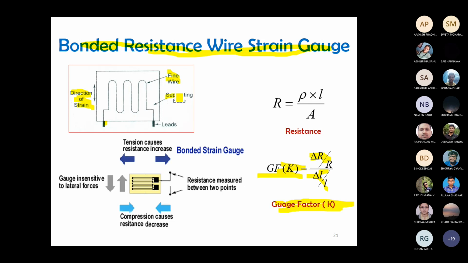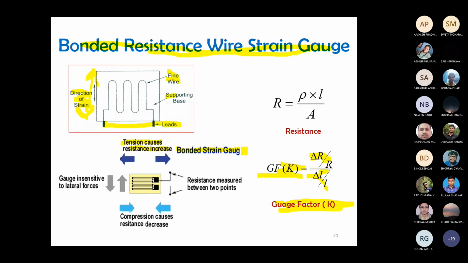Now you are changing the positions directly. After changing the positions, you are able to measure the leads of the potential, so it will change again. Tension causes the resistance to increase.